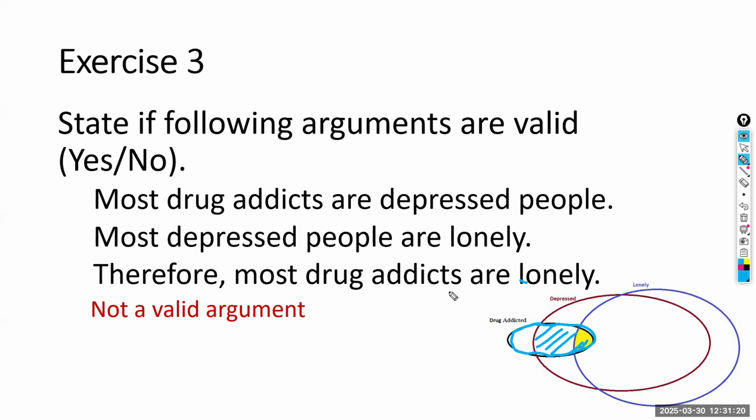That means this diagram satisfies this. Then the second says most depressed, that is this circle, and it says most depressed people are lonely. And this is my lonely circle. Let's take something else.